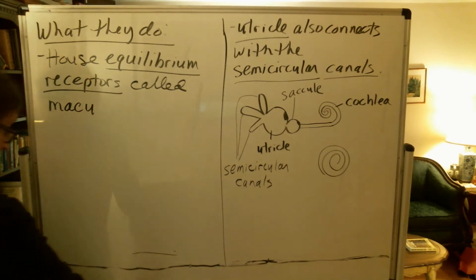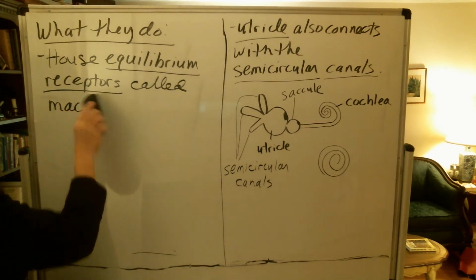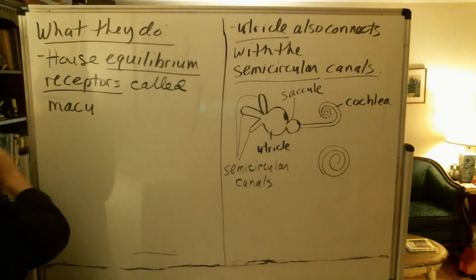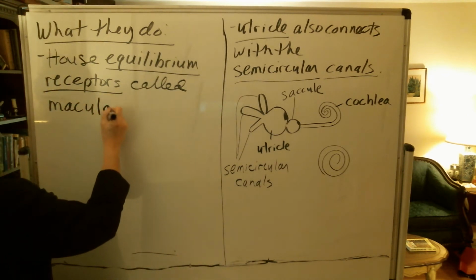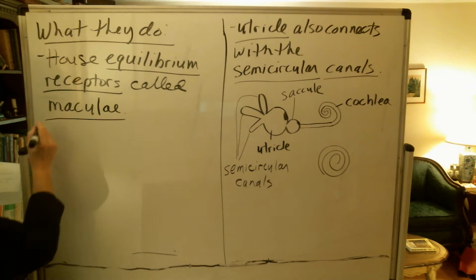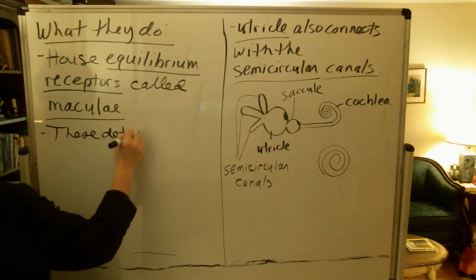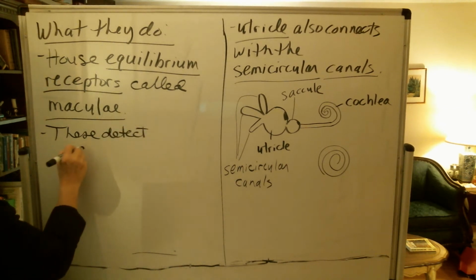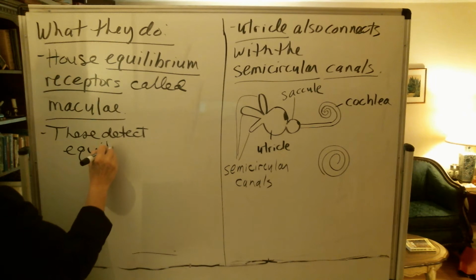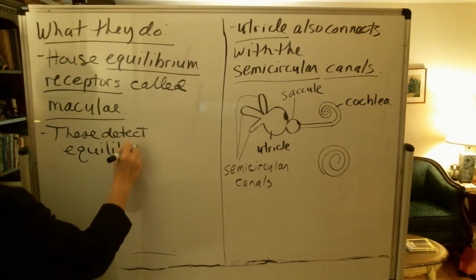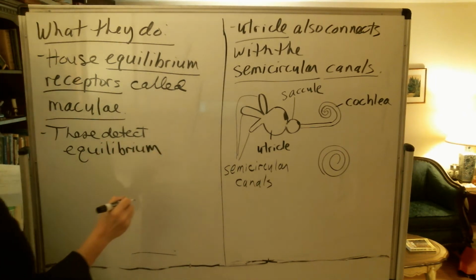That's a C there. Called maculae. So, as it sounds, these detect equilibrium.